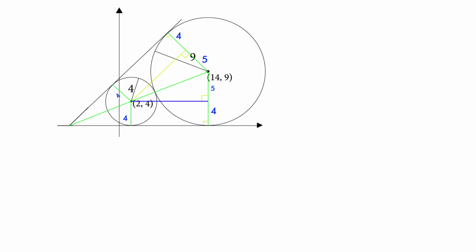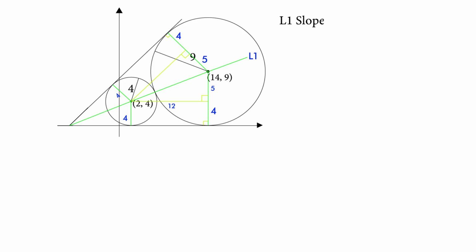This distance right here we can get easily from the fact that we know the x-coordinates are 14 and 2, so 14 minus 2, which is 12, is that distance right there. So this line right here is what I want to concentrate on first. I will call that L1. All right? And L1, I want to know its slope.